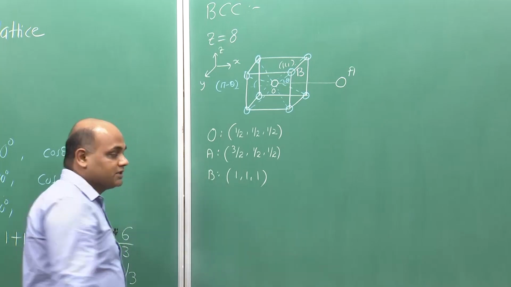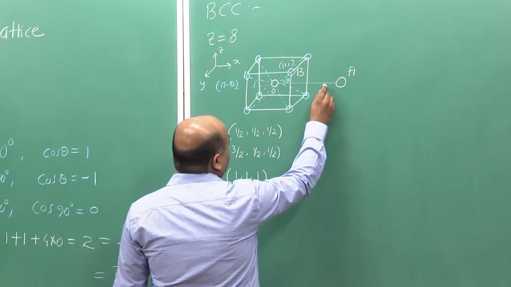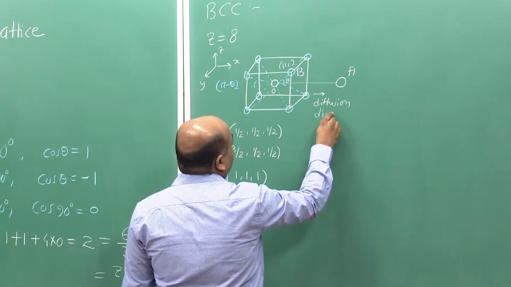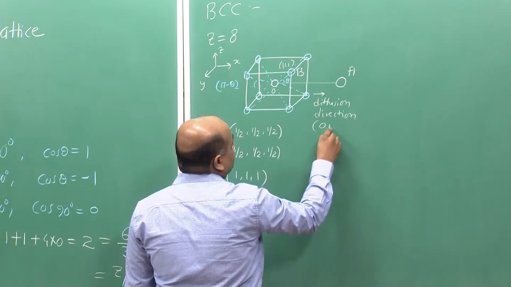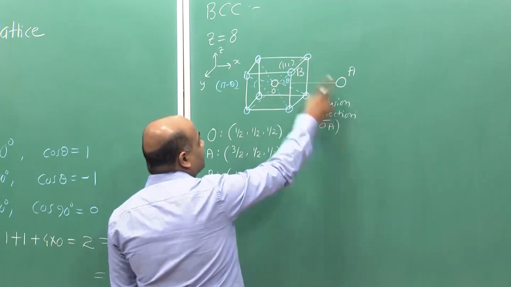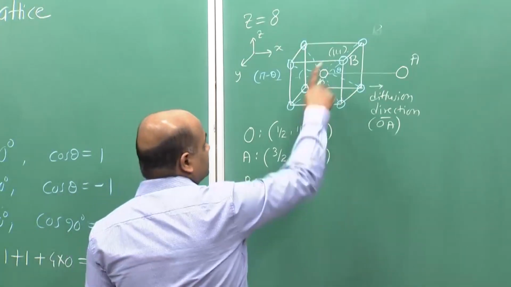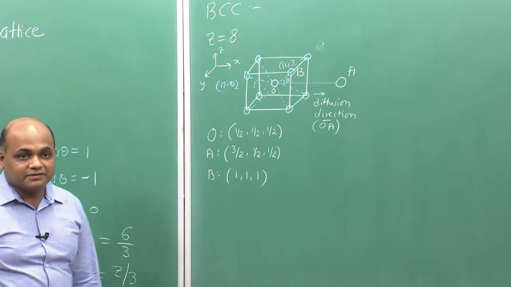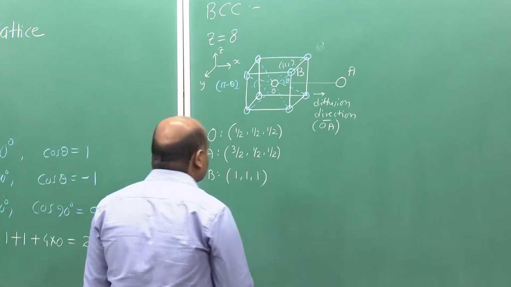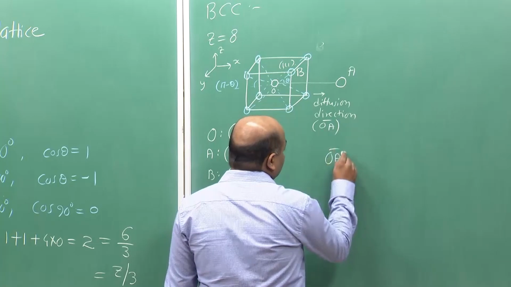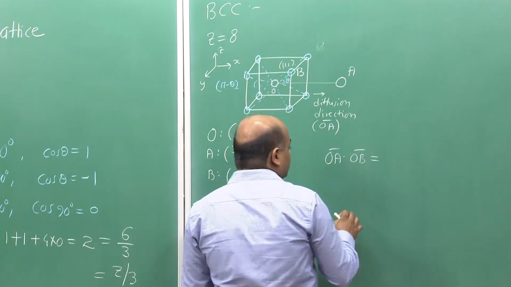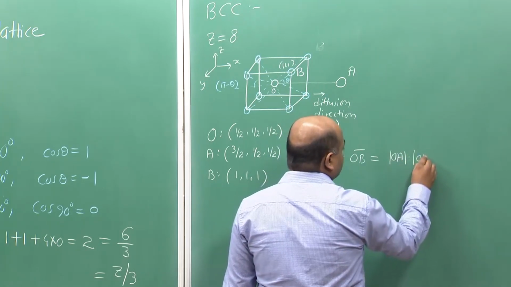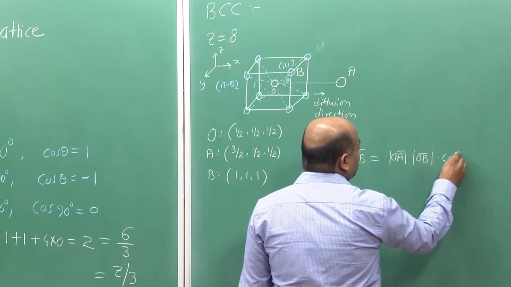So, what should be the cos theta? This is the diffusion direction, which is OA bar, and the jump vector we are considering is OB bar. So, how do we find out cos theta? Dot product, yes, correct. If we take the dot product of the two, OA bar dot OB bar is equal to magnitude of OA times magnitude of OB times cos theta.